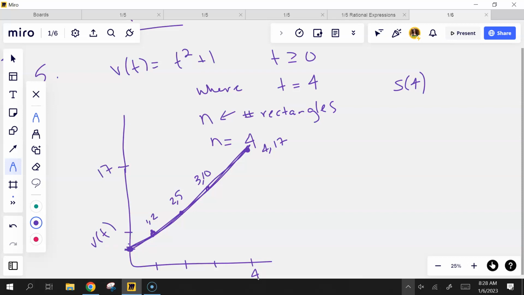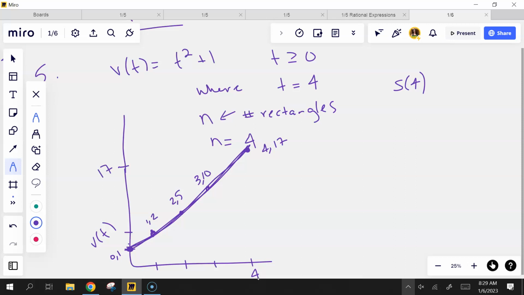The points are going to be important. That's why I put them on there.